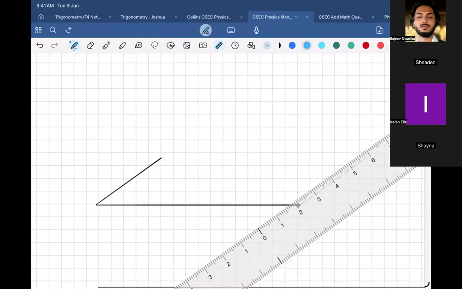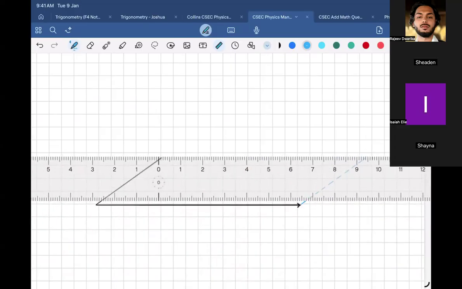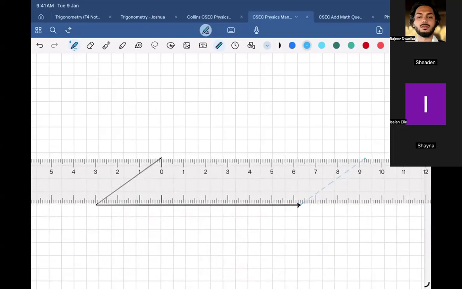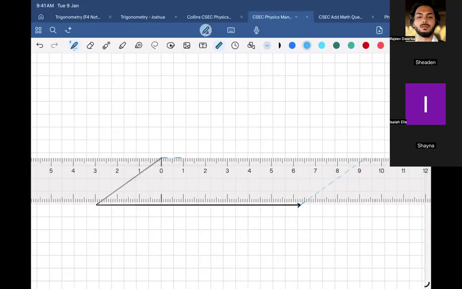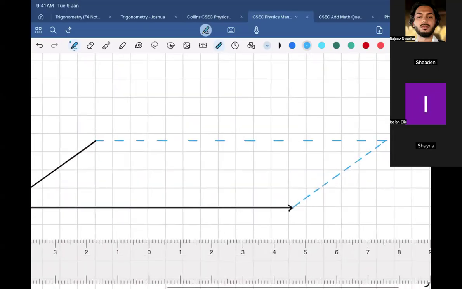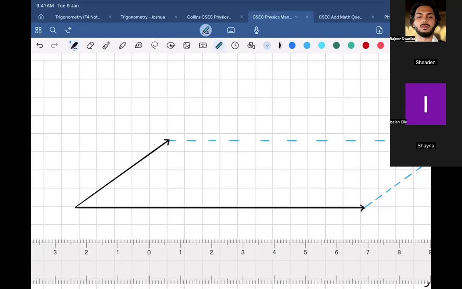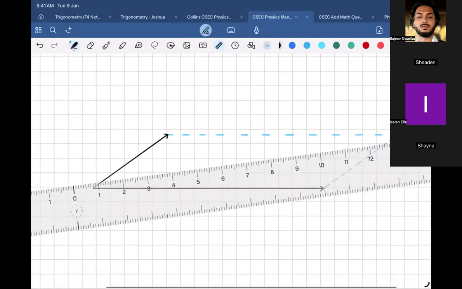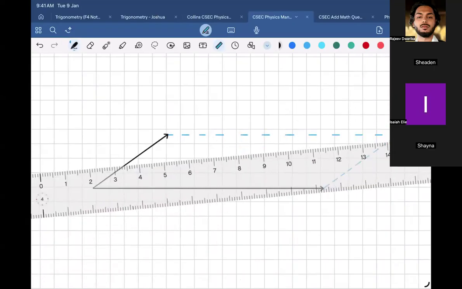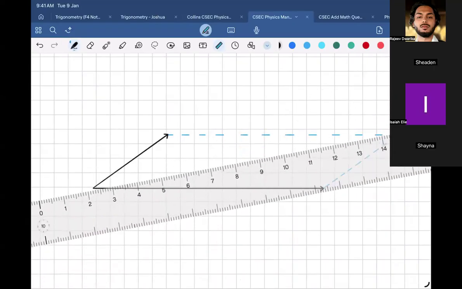Cool. You need to put the arrow at the end of the vector, right? The resultant would be over here. It's just a diagonal.